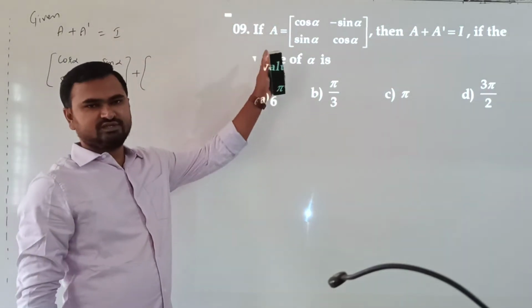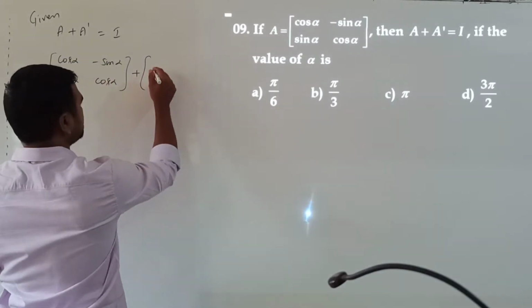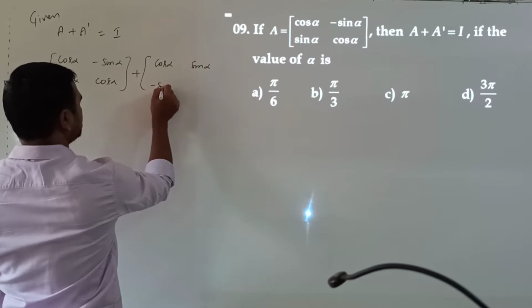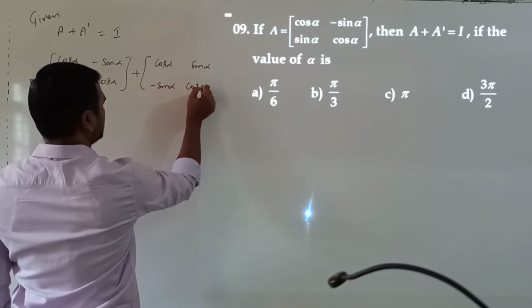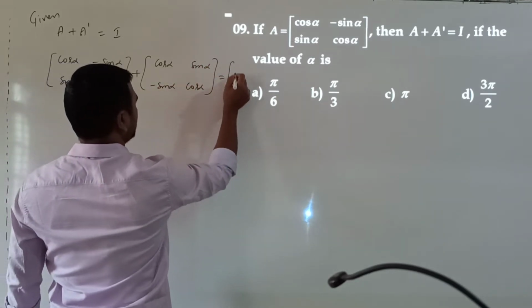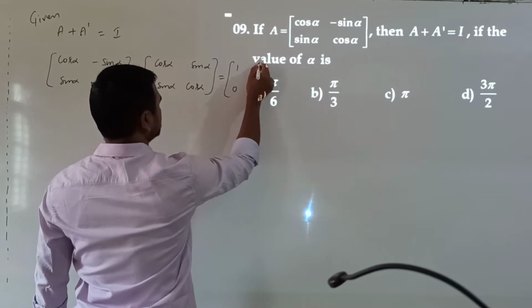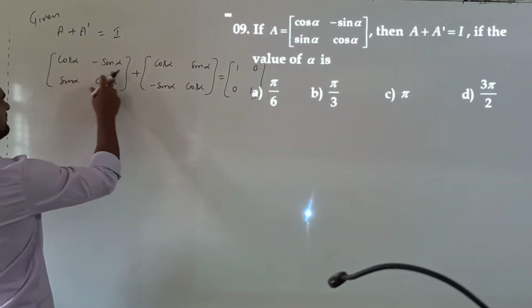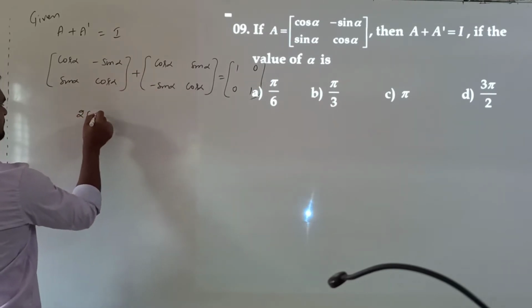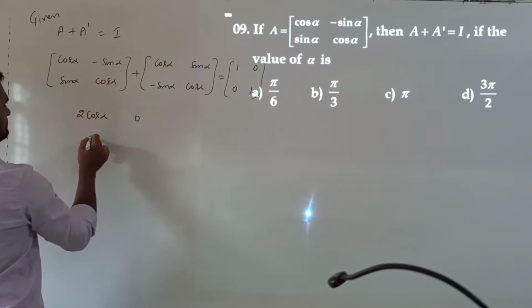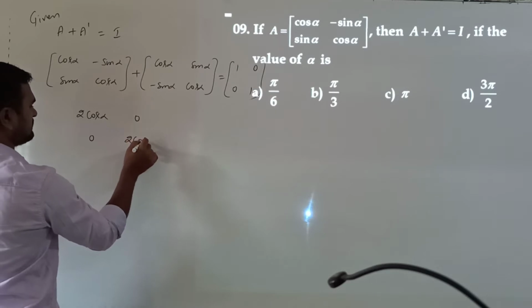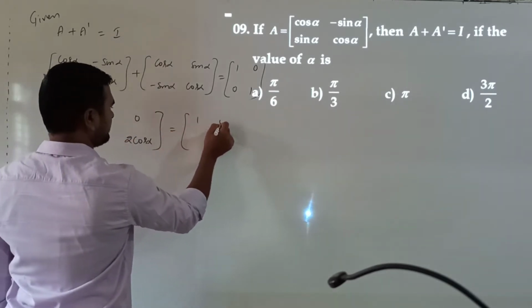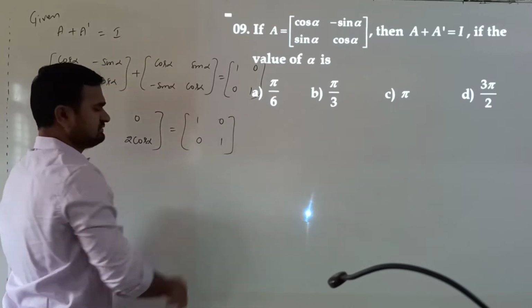What is the transpose of this? Interchanging rows and columns, it is cos alpha, sin alpha, minus sin alpha, cos alpha, is equal to I. Identity matrix we take 1 0 0 1. So solve it, adding: 2 cos alpha, 0, 0, 2 cos alpha is equal to identity matrix 1 0 0 1.